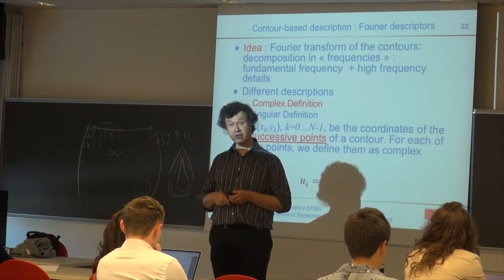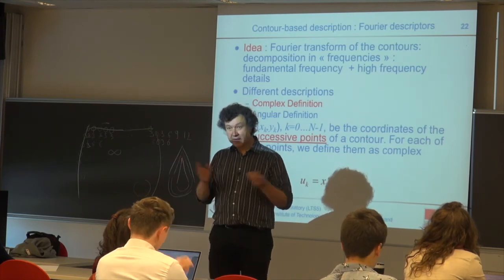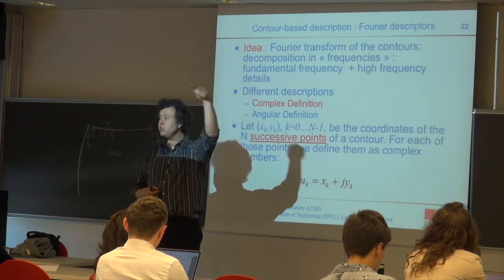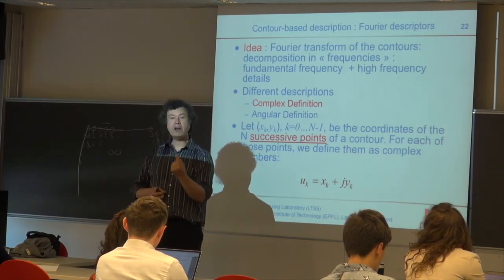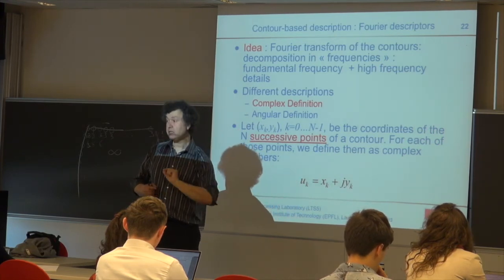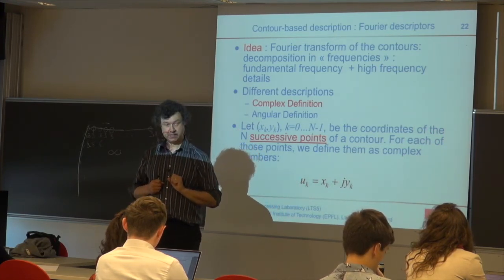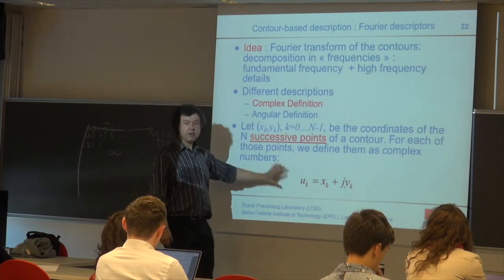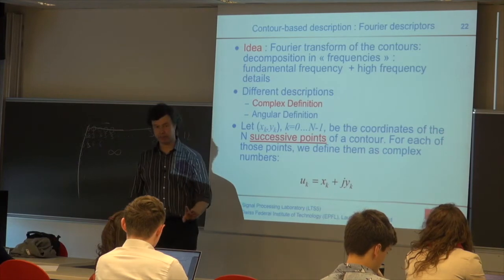Remember my Wiener filter. And we'll do the same here. We will have a Fourier representation of an object. What is the low frequency? And what are the high frequencies of my shape? It's exactly what we will do. And this is very nice. And calculating it is very simple.